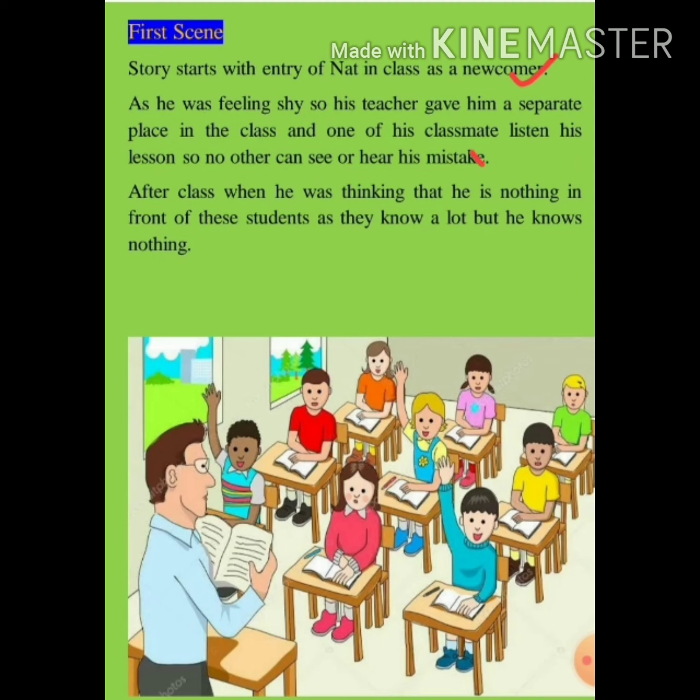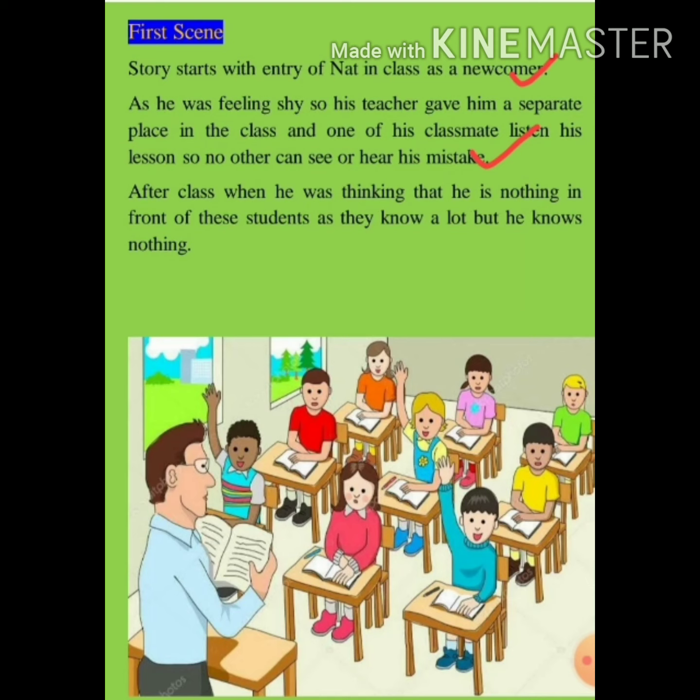That's why, as his teacher is very helpful, he gave him one seat near the window, and also instructed friends to listen to his lesson so others cannot hear him, and they should not laugh at his mistakes.